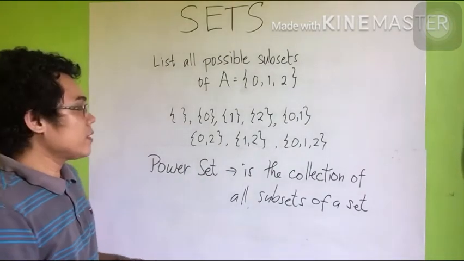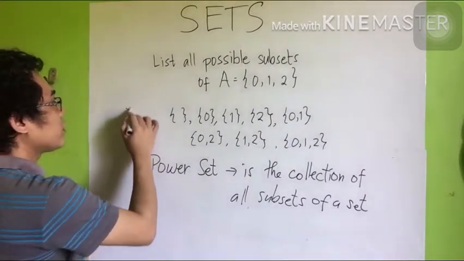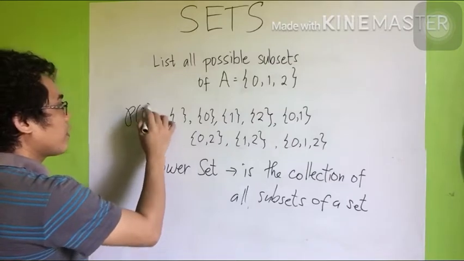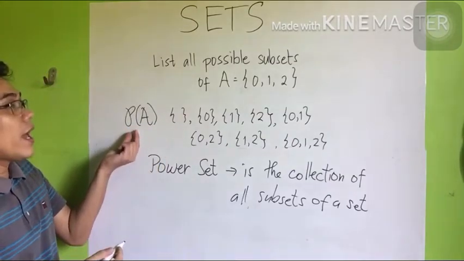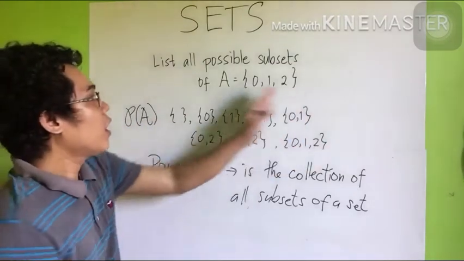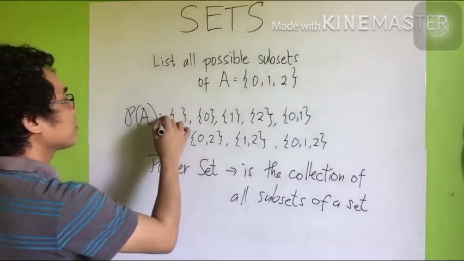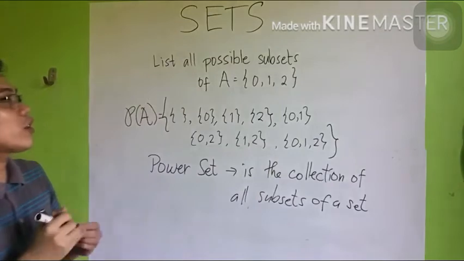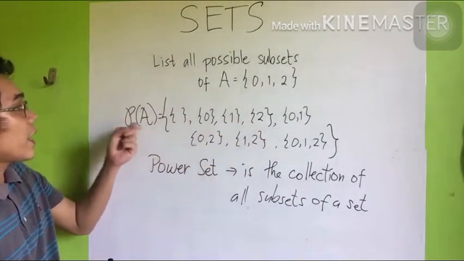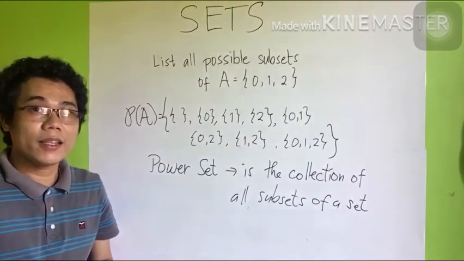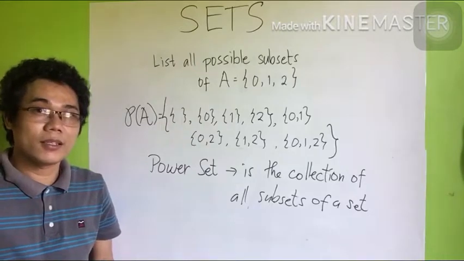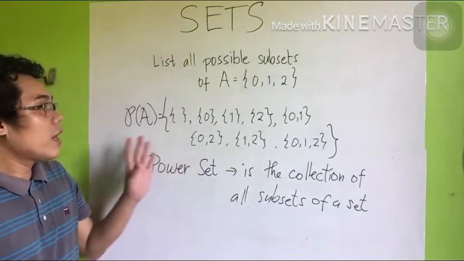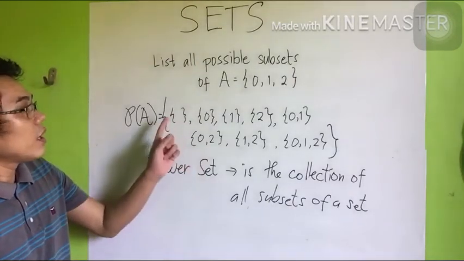The power set is denoted by script P. And the collection of this subset, so ito yung power set. So collection ng mga subset ng script A. And that is what we call power set. And take note that as you can see, meron siyang 8.